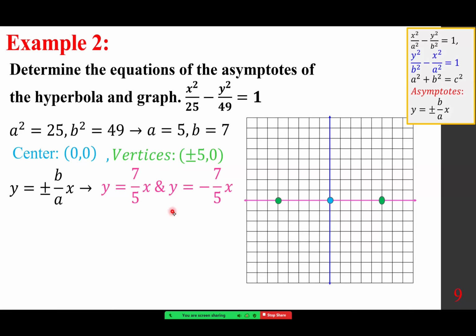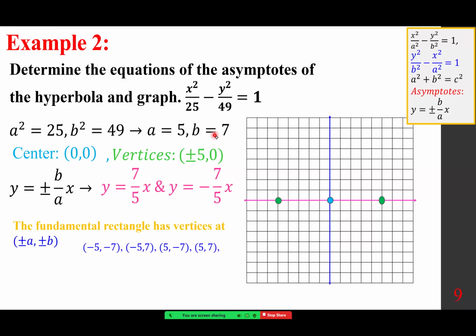To help us graph, the fundamental rectangle, because it's centered at 0, 0, we get the same thing, plus minus a, plus minus b. That means plus minus 5, plus minus 7. That means negative 5 and negative 7, negative 5 and 7, positive 5 and negative 7, positive 5 and positive 7.